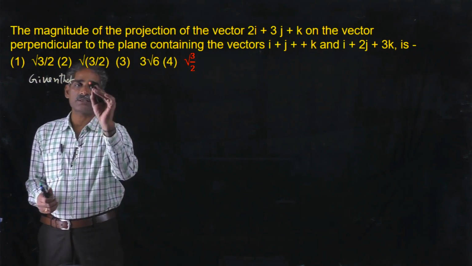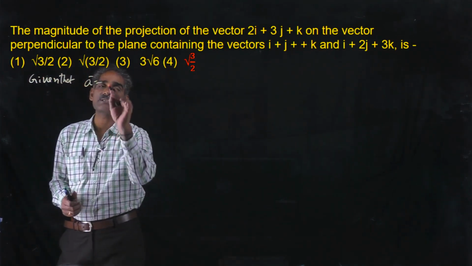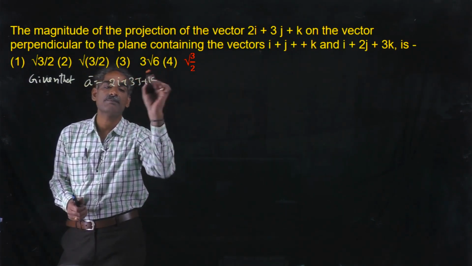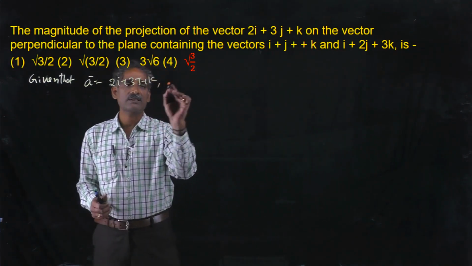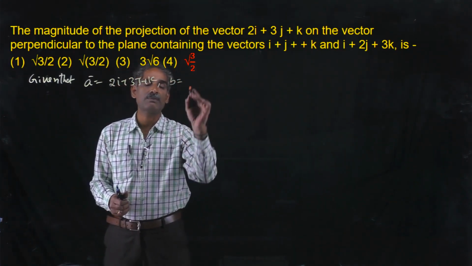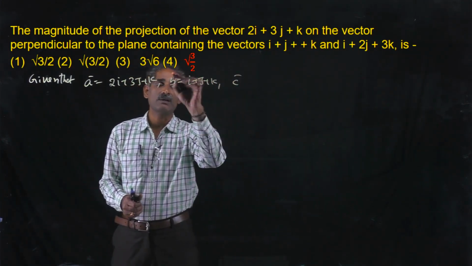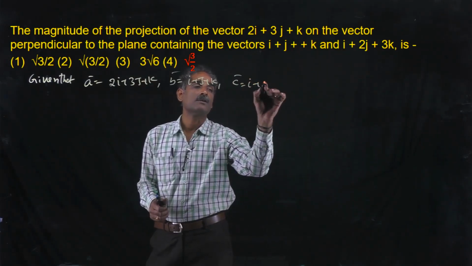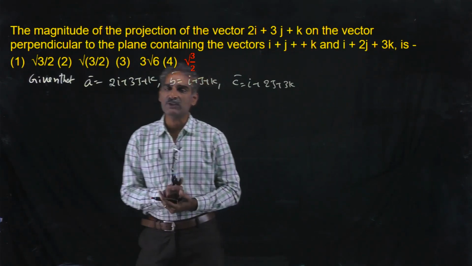Let us take the first vector a bar equal to 2i plus 3j plus k. And the other two vectors, let us take b bar equal to i plus j plus k, and c bar equal to i plus 2j plus 3k. These are the three vectors.